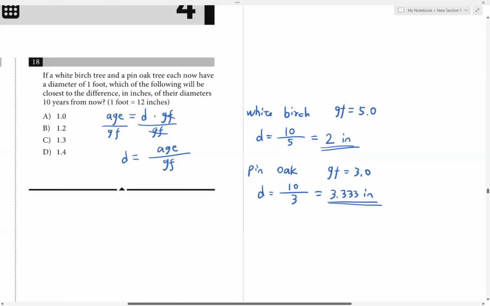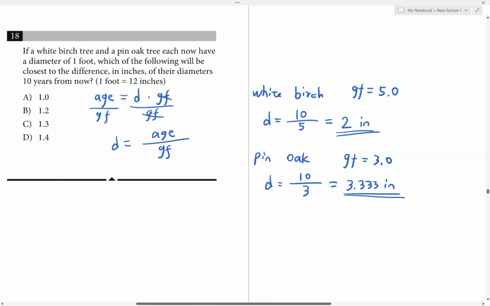All right, so we want to calculate the difference between the two trees. They started with a diameter of 1 foot, which is 12 inches, so we could add 12 to each one. That'll be 14 here, and we add 12 here, it's 15.333.